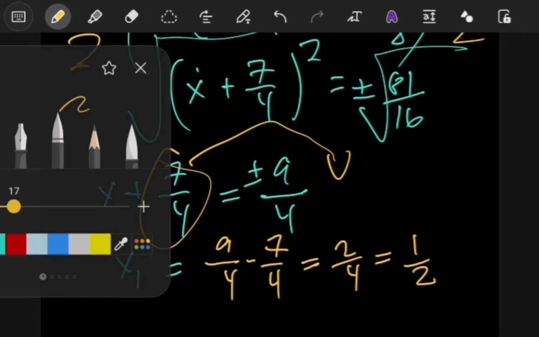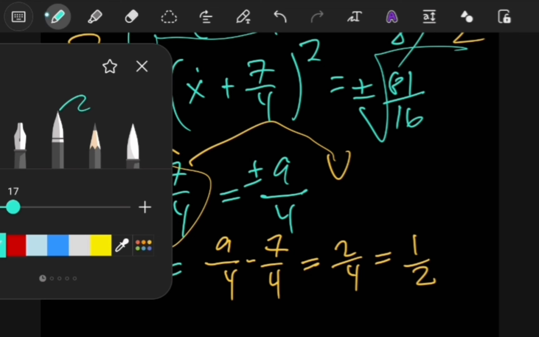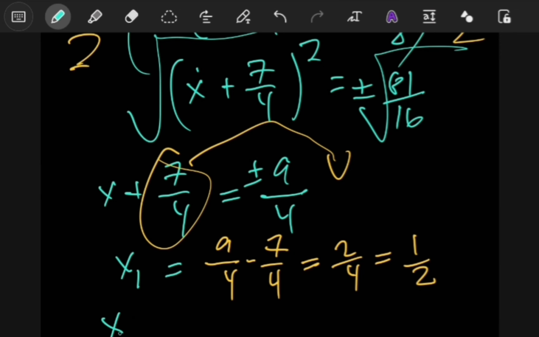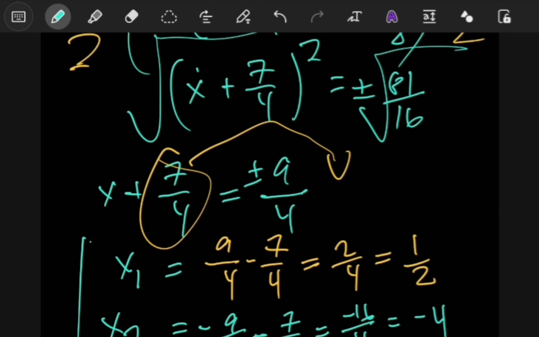And then x2, if 9/4 is negative, we have negative 9/4 minus 7/4, and then negative 16 over 4, and this is equal to negative 4. So these are our final answers.